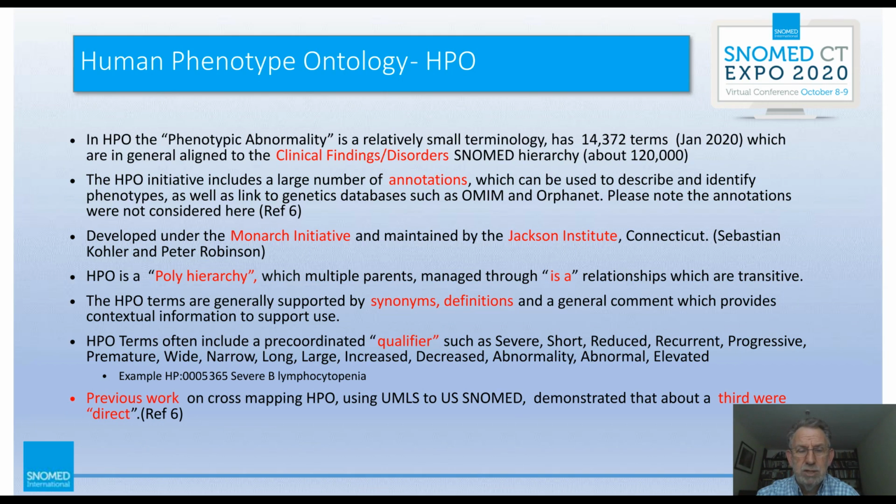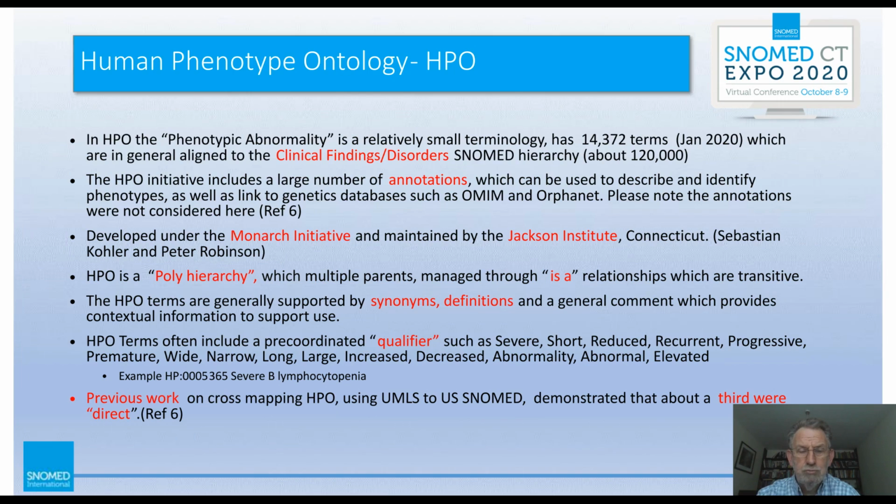HPO was developed by Sebastian Köhler and Peter Robinson as part of the Monarch Initiative, maintained by them at the Jackson Institute in Connecticut. HPO is a polyhierarchy with multiple parents managed through ISA relationships, which are transitive, much in the same way as SNOMED, but not to the same extent. HPO has supporting synonyms and definitions and a general comment which provides contextual information, which is important to support general use and the mapping which I did.